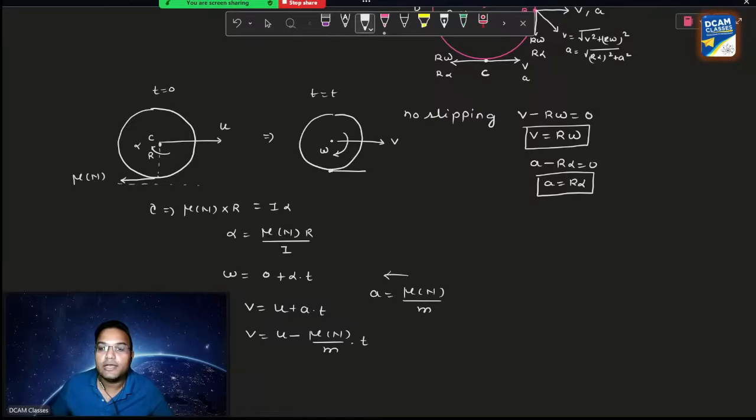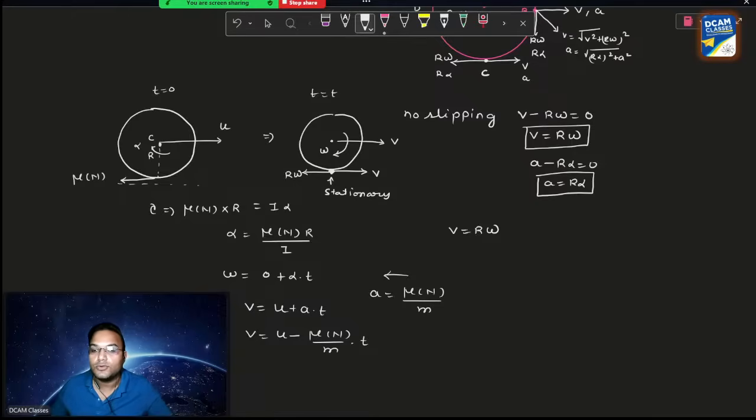When it is rotating as well as translating, v and this part r omega will come, and there will be an instant when v will become equal to r omega, so that this point will become stationary. At this point, the slipping will stop. It will roll without slipping.